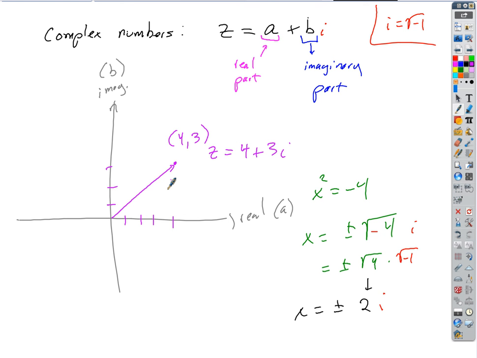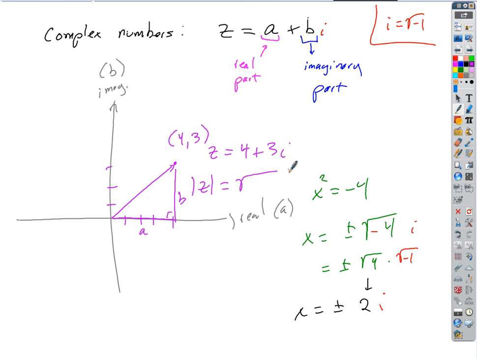And then we said maybe one more thing about this. We said that if we want to know what the modulus is of any complex number, it's just the length of that vector, right? So it's just a right triangle thing. Instead of going over A and up B, if that's A and that's B, what's the hypotenuse? What's that equal to?